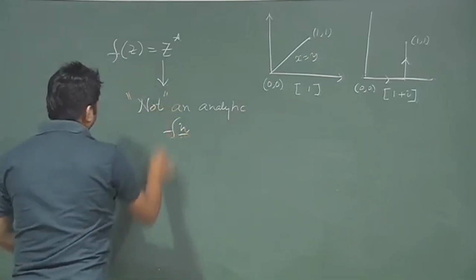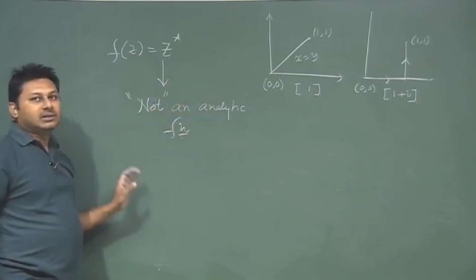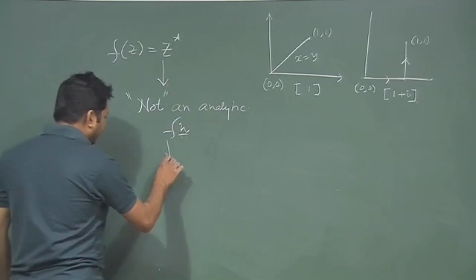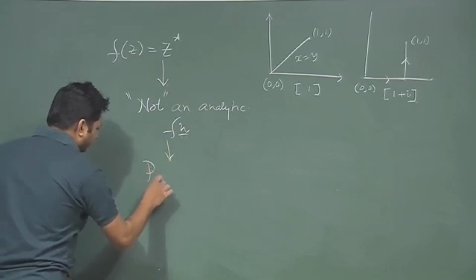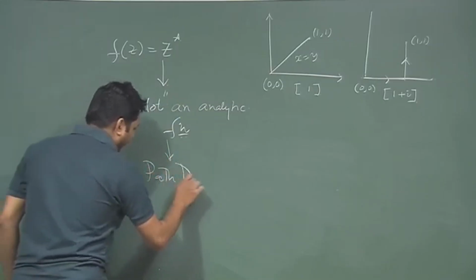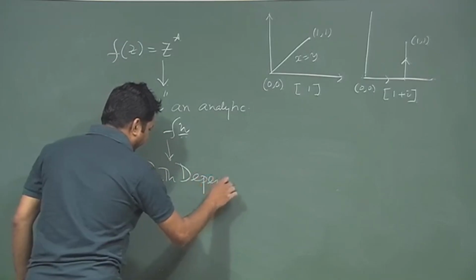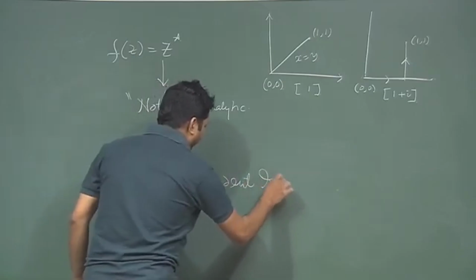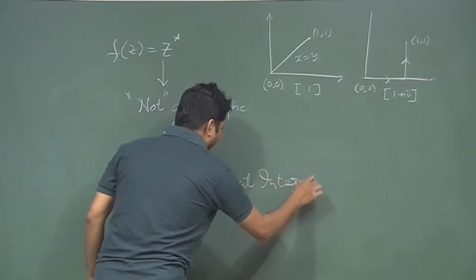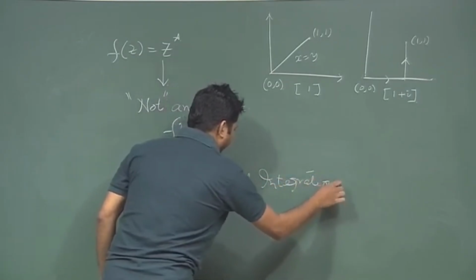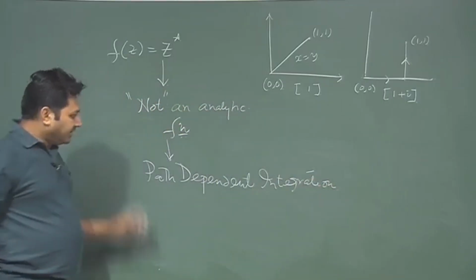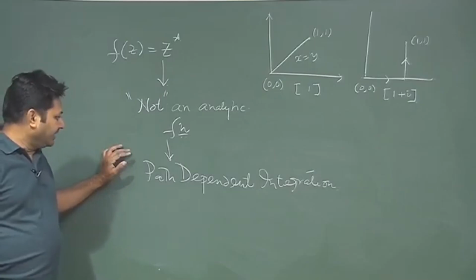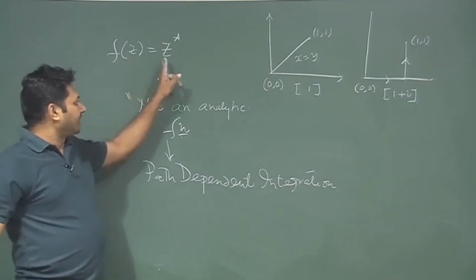Since this is not an analytic function, the integration depends on path. So, it is a path dependent integration, and this comes from the fact that the function is not analytic.